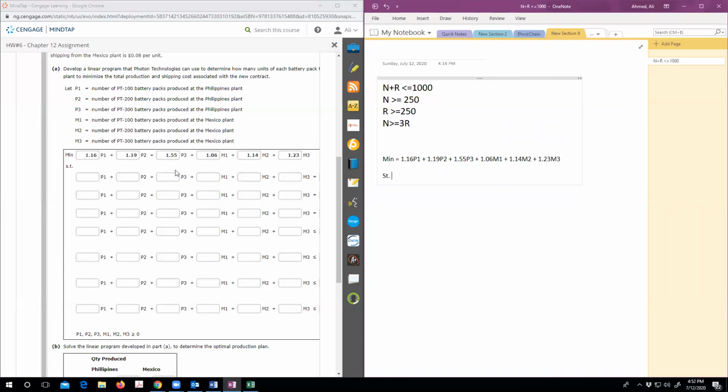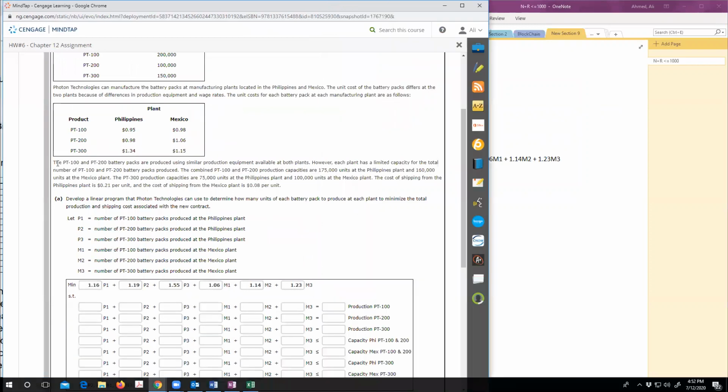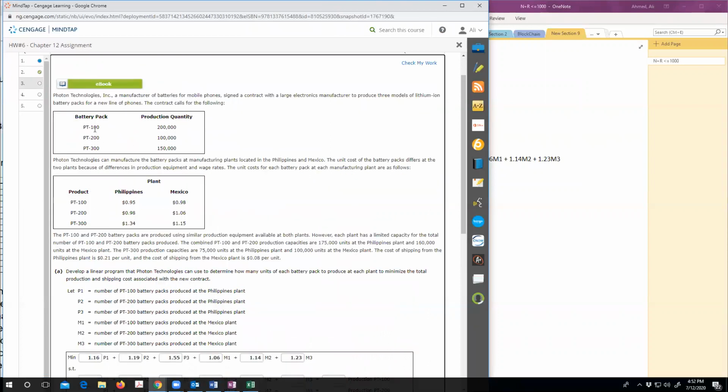Let's work on the constraints. So the constraints start from this section. They're saying PT 200 battery packs are produced using similar production equipment available at both plants. However, each plant has a limited capacity for the total number of PT and PT. All right, so this is one constraint, but the first constraints are actually coming from here.